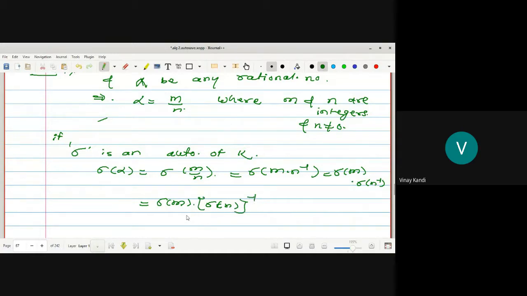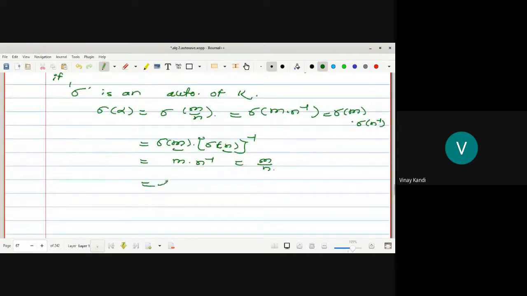By case number 1 and case number 2, these are integers, whether positive, negative, or 0. But here n is not equal to 0. That means n may be positive or negative. So here m into n inverse is equal to m upon n, which is equal to alpha. So sigma of alpha is equal to alpha.